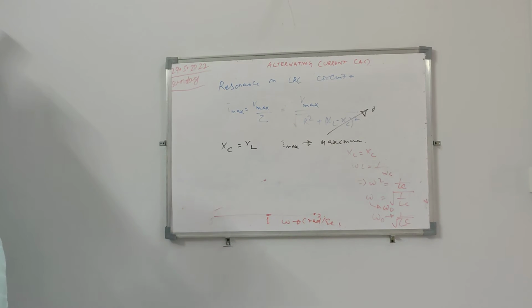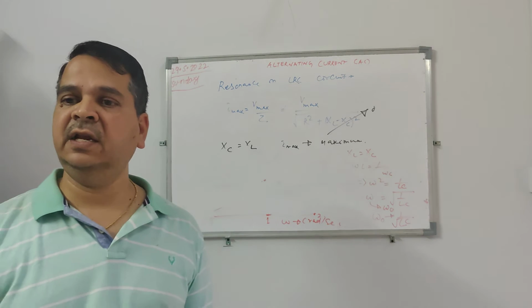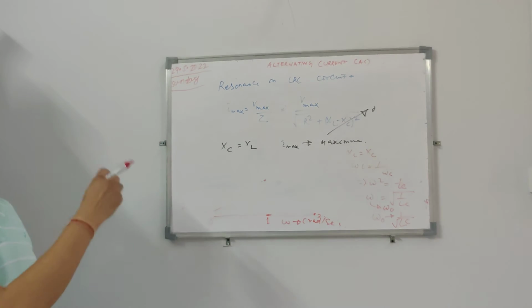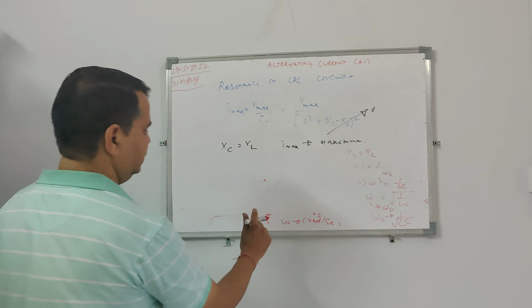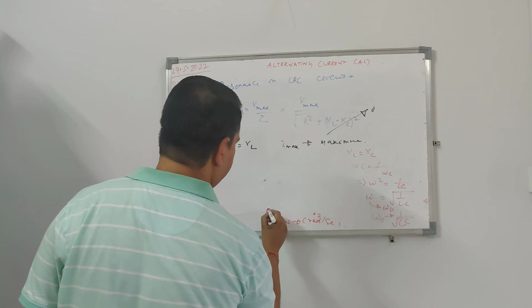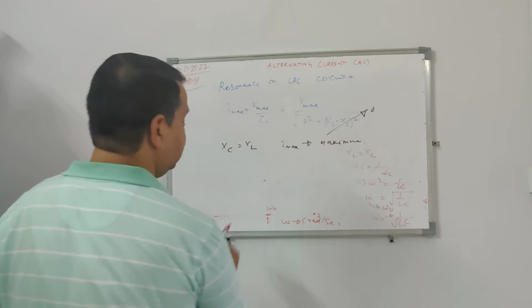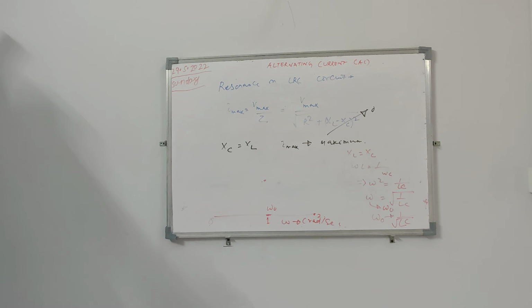There the displacement is written as a function of frequency omega; here also you write current as a function of frequency. So when omega becomes equal to omega 0, the resonant frequency, the displacement or here the current will be maximum.